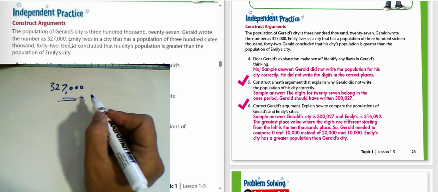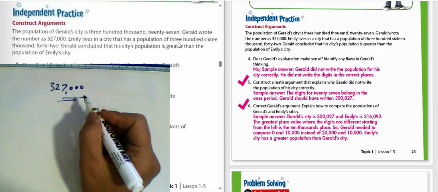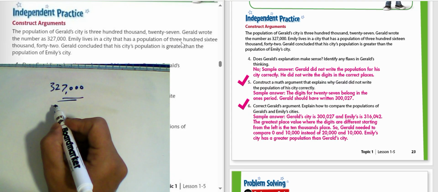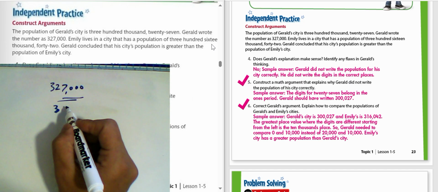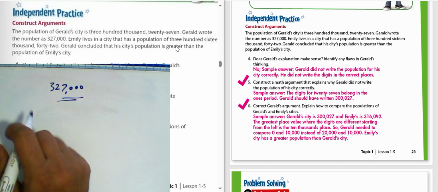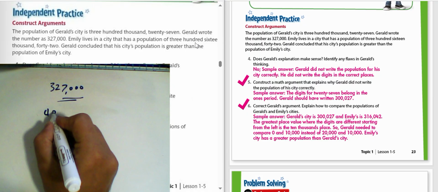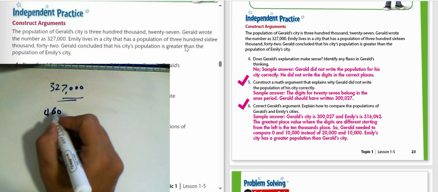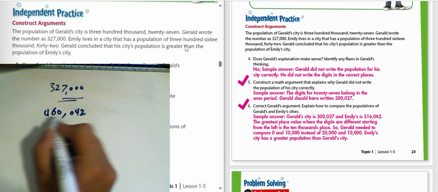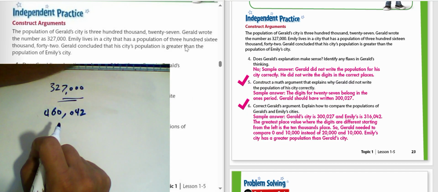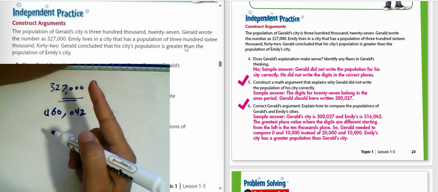Okay, and Emil lives in a city with a population of 360,042. This number is 360,000, 460,000, 460,042. Okay, he asked whether the city's population is greater than or less than.